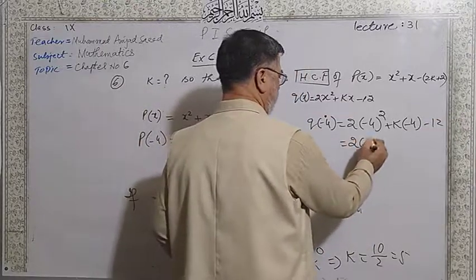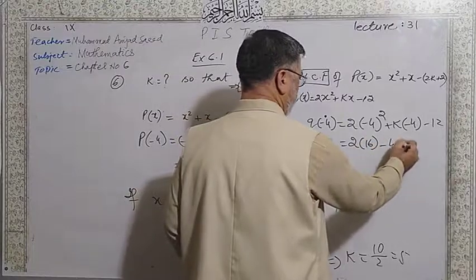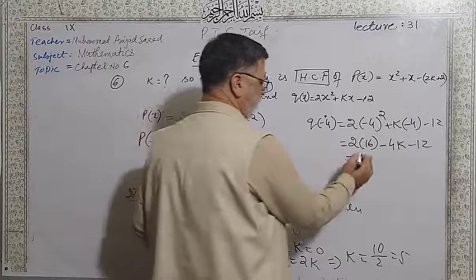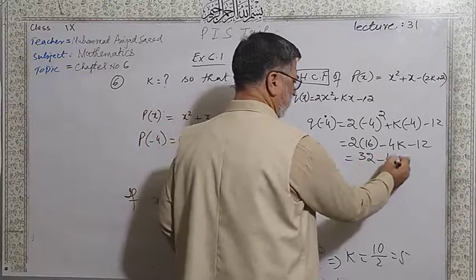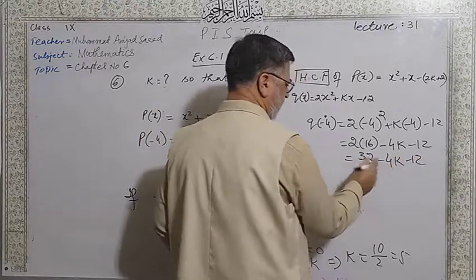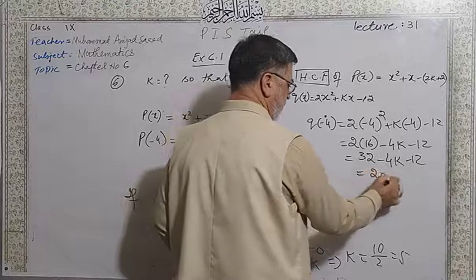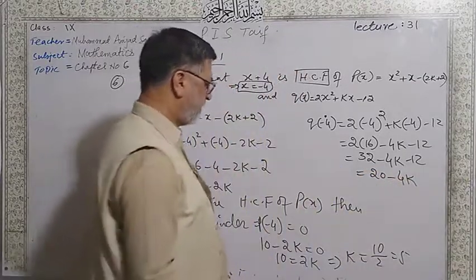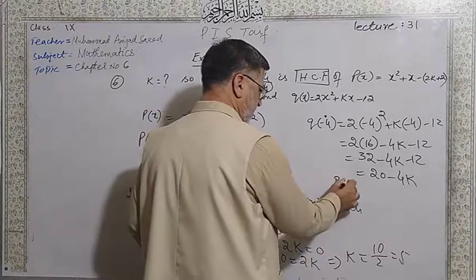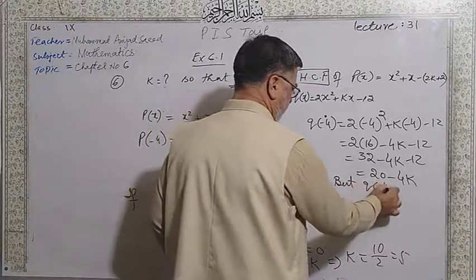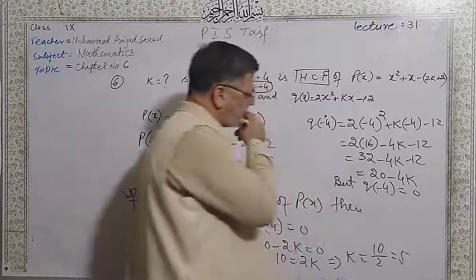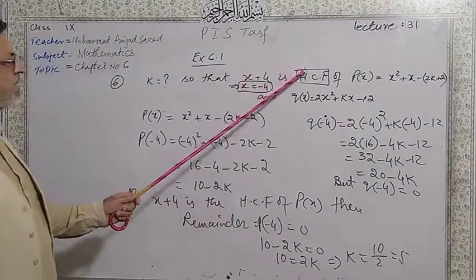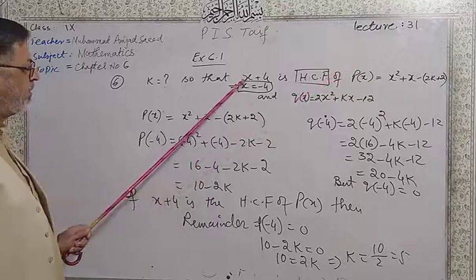So 2 into 16 minus 4k minus 12, so this will be 32 minus 4k minus 12. 32 minus 12 is 20, that is 20 minus 4k, and this is equal to 0, because we have already told you that x plus 4 is the HCF of P of x and Q of x.